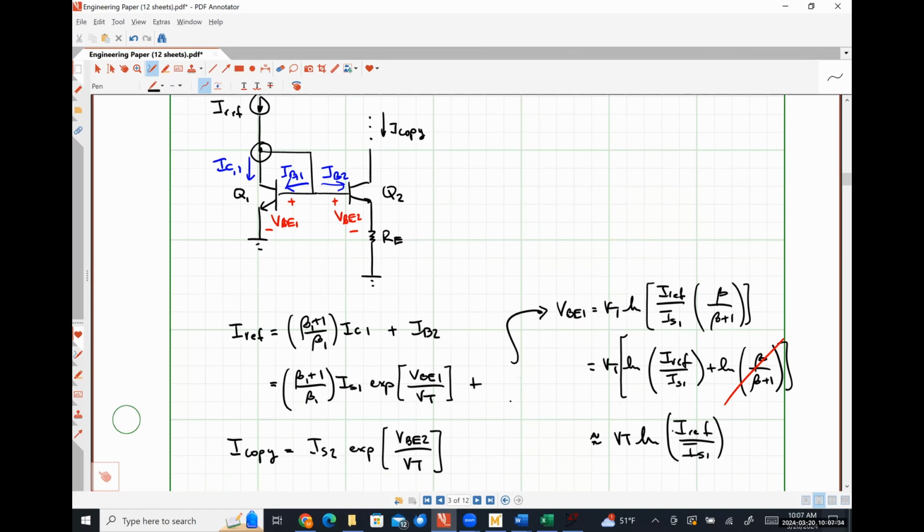Which is just the current flowing through the resistor RE times the resistor RE. What's the current flowing through the resistor RE?